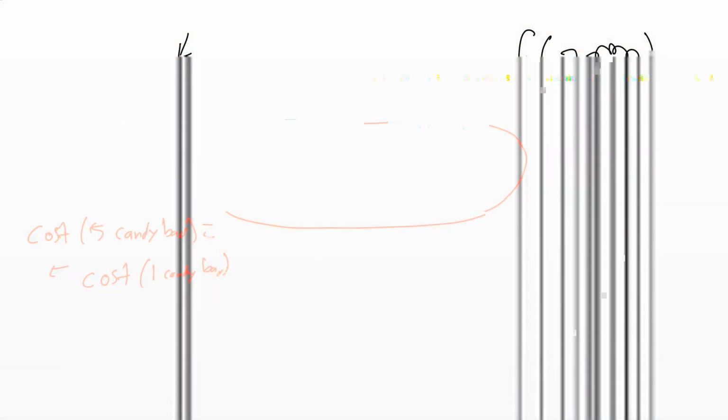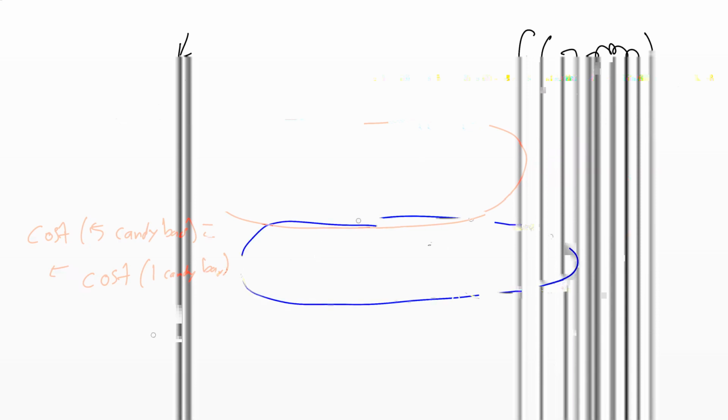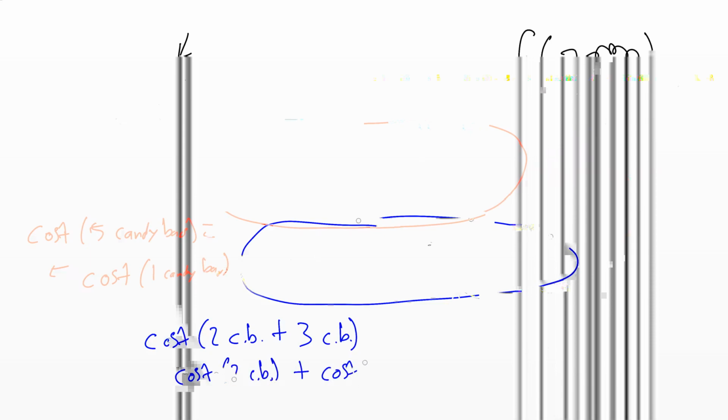And the second equation on that page is really the same. When we look at this equation here, what we're really saying is, you know what? If I want to know the cost of buying 2 candy bars today plus 3 more candy bars tomorrow, well, that ought to be the cost of 2 candy bars plus the cost of 3 candy bars, which, using our first red expression here, we can further break down to say 2 times the cost of 1 candy bar plus 3 times the cost of 1 candy bar, right?